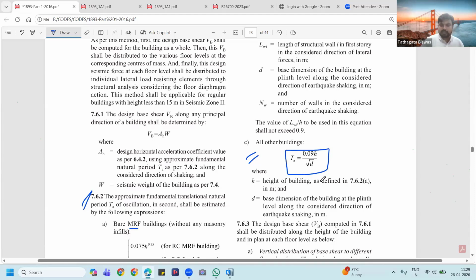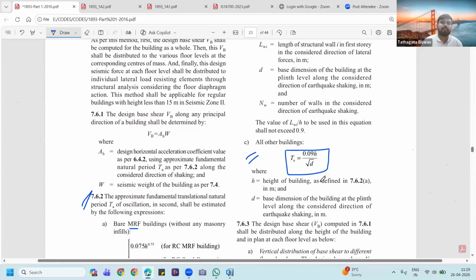Now there is another thing after this 2016 code, there is a catch. Okay, what is the catch? In 2020, 2017 as well as 2023, another code has come up which is called 16700, which is generally related to tall structures, more than 50 meters in height.